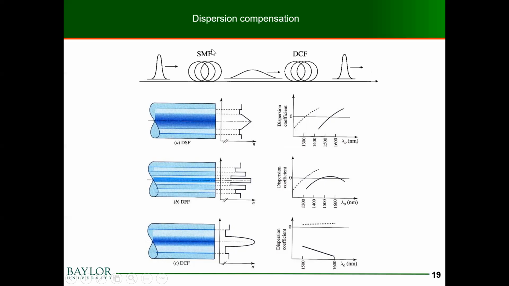In other words, the propagating fiber is usually laid on the ground, for example between Dallas and Waco, where you use 20 kilometers. But in the central station, you put a dispersion compensation fiber. Usually this type of fiber is not laid on the ground, it is in the central station. So that's the dispersion compensation concept.